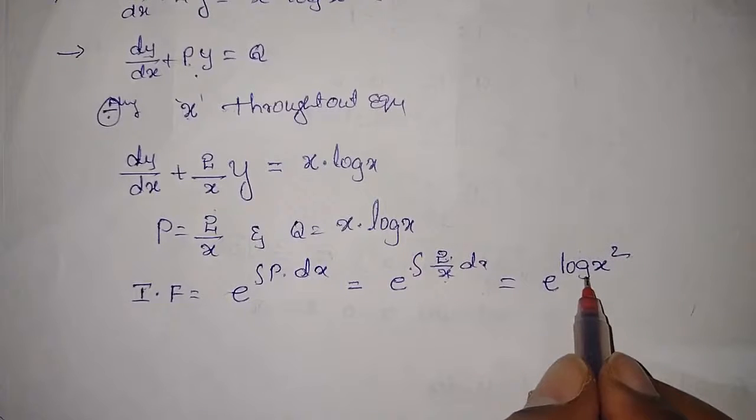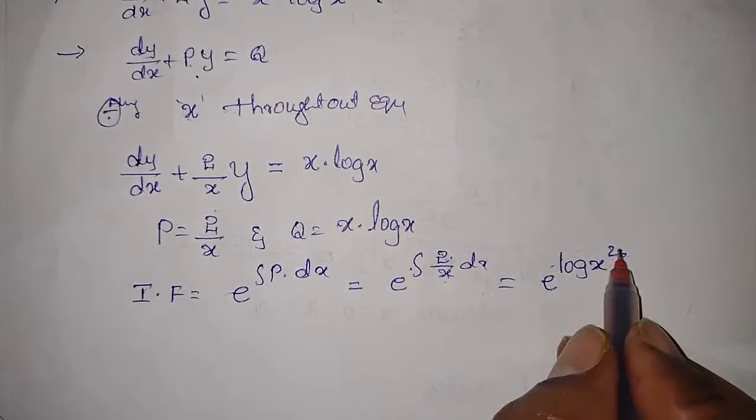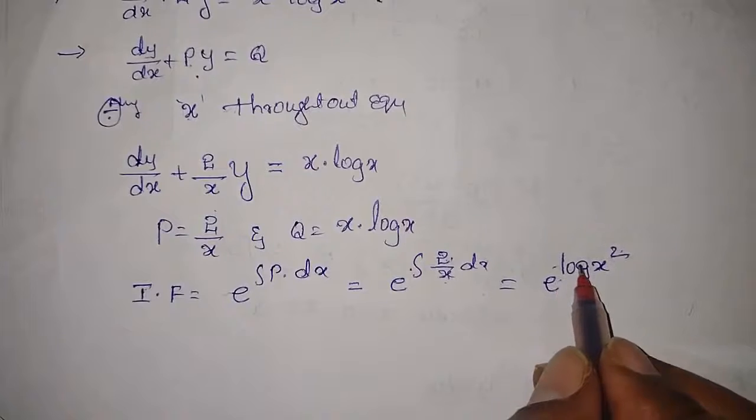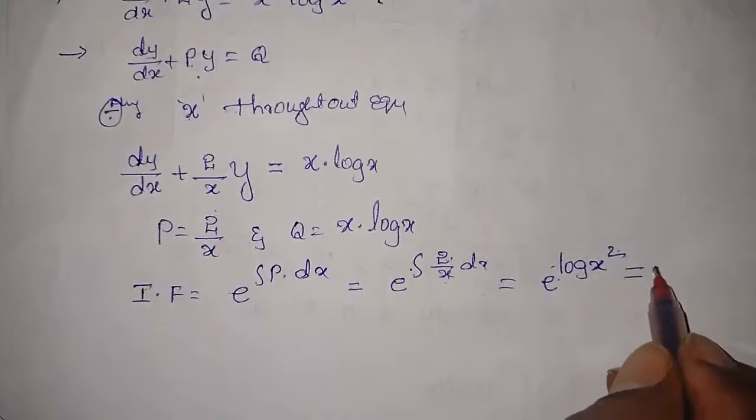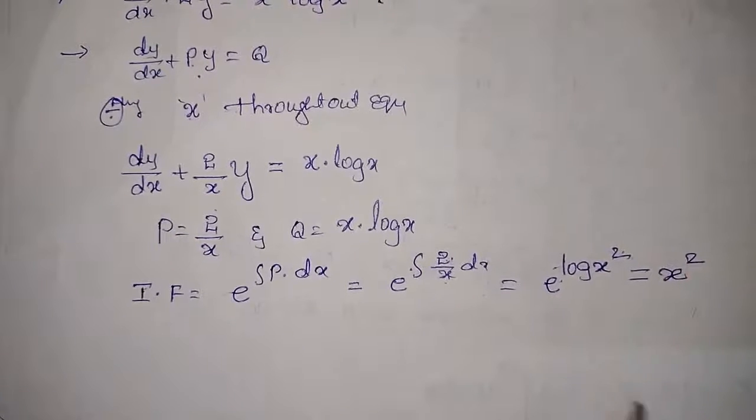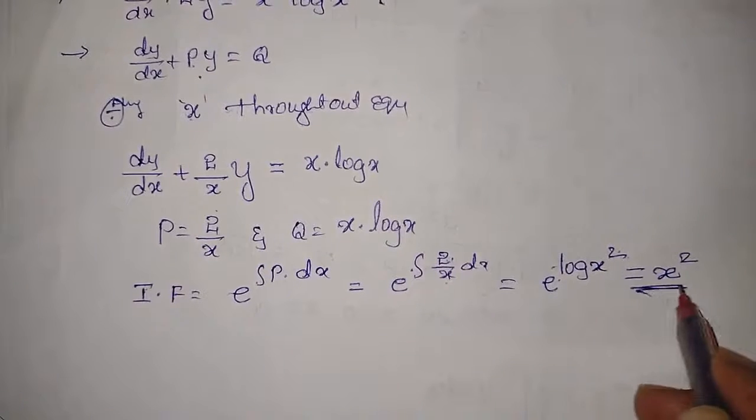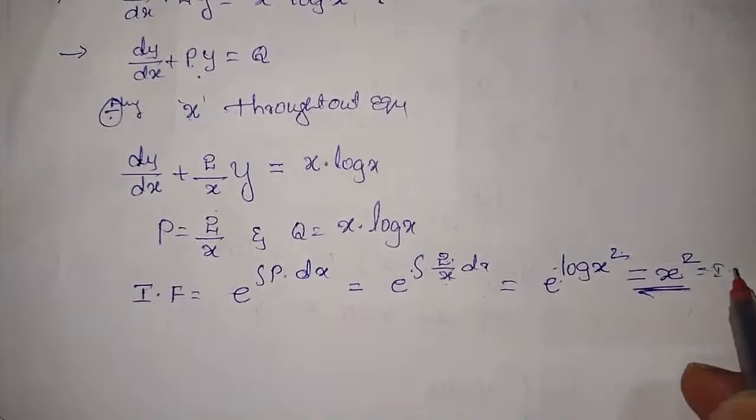Again applying the properties, 2 goes to the power of x, so it is e power log x square. Exponential and logarithm get cancelled. The integrating factor is x square. Clear? This is called the integrating factor, IF.